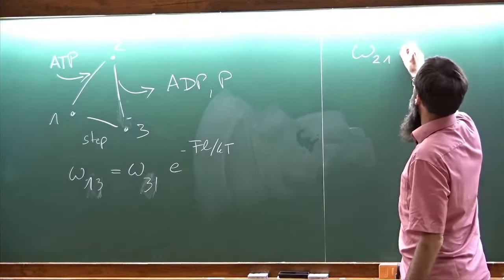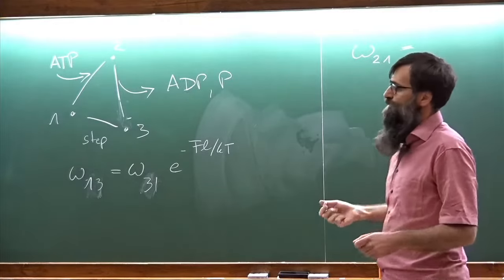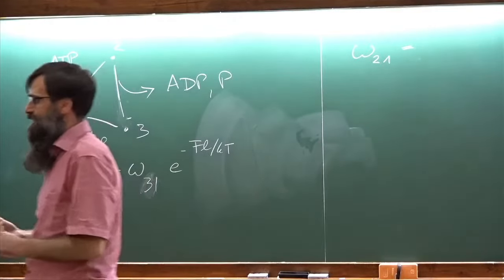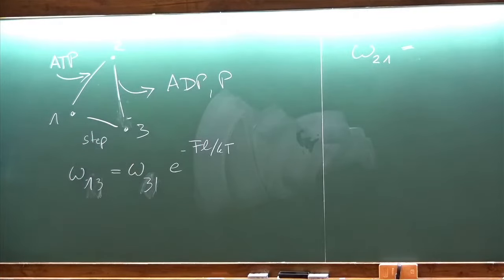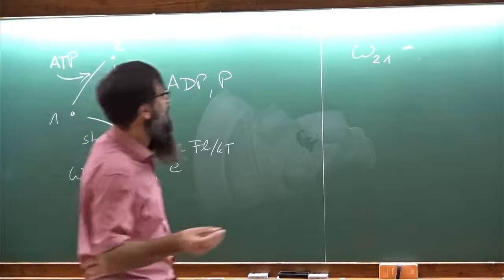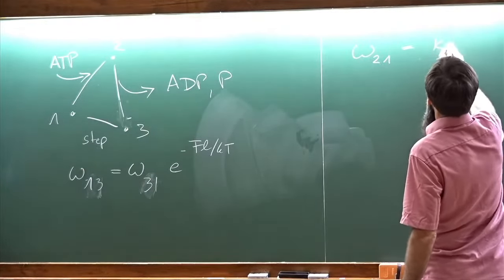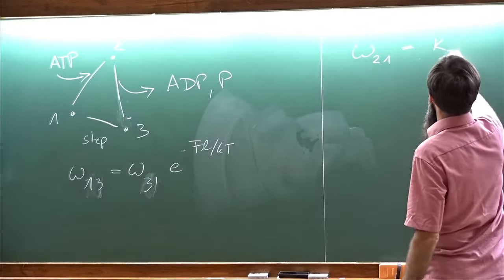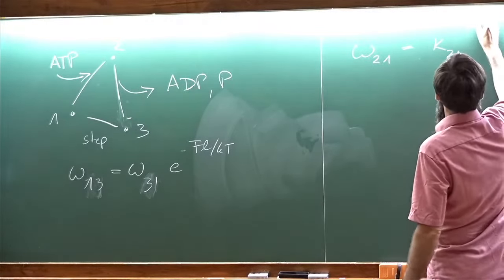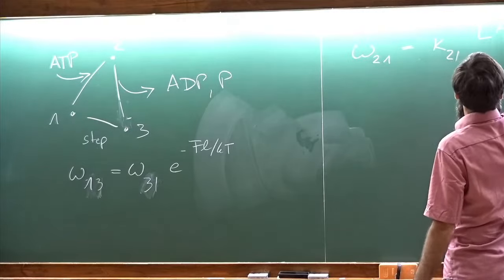The assumption we make is that this is proportional to the ATP concentration. That's the simplest thing we can assume. I will call the rate without the concentration dependence kappa, so kappa 1,2 times the ATP concentration.